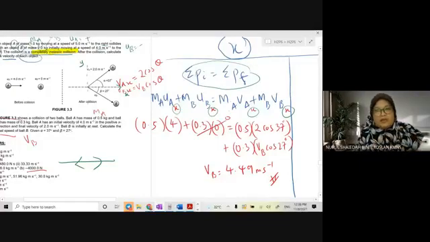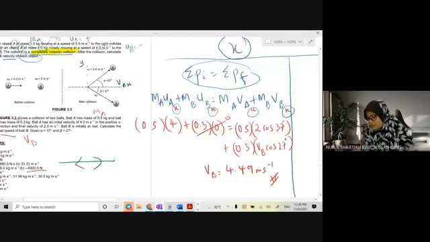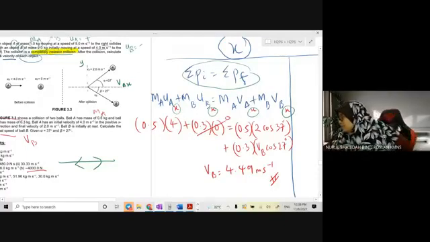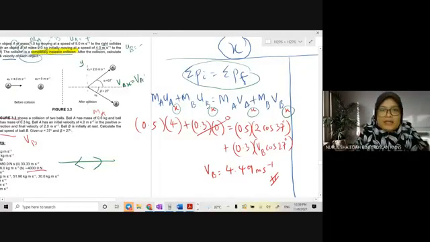MA is 0.5, but VAX, tengok VAX is here. Kita akan buat dia jadi VA cos theta. VA ada tak? Ada ni, dua.